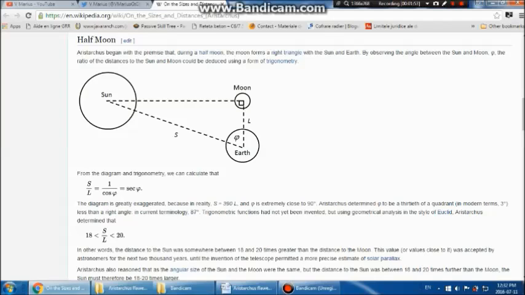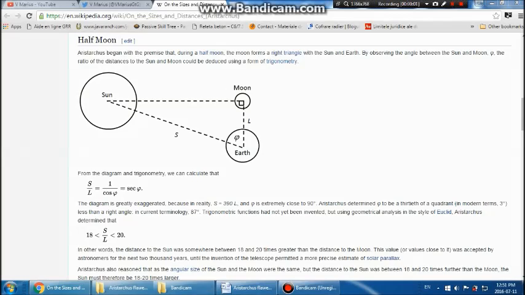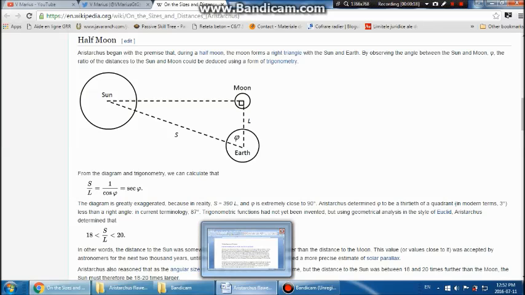So this was a measurement which probably can be repeated by someone else. After this he used basic trigonometry to deduce the distance between the Sun and the Earth to be huge. So this is the summary of the information here. Now I'll go to my document.